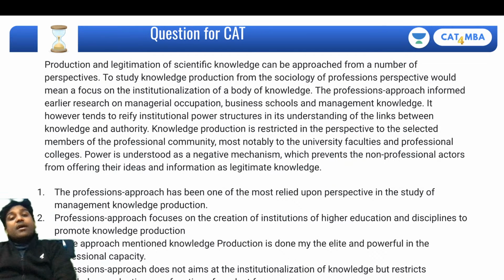Only they can create knowledge. Power is understood as a negative mechanism which prevents non-professional actors from offering their ideas and information as legitimate knowledge.